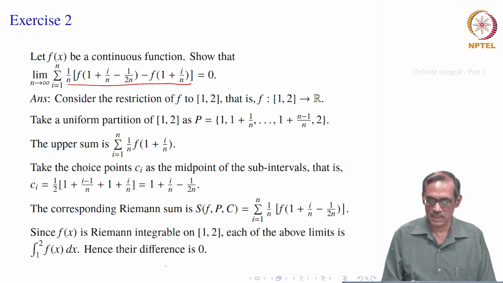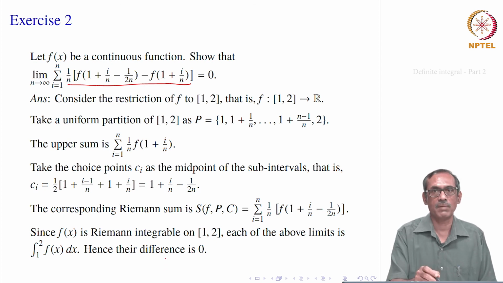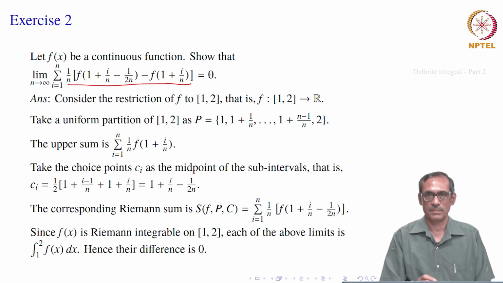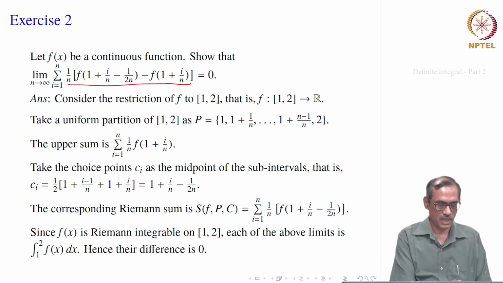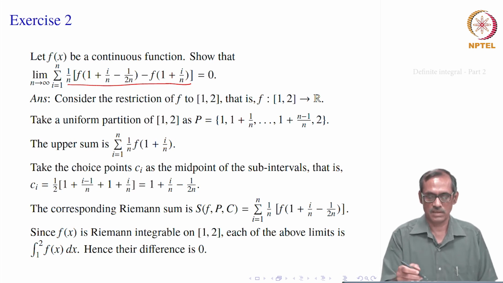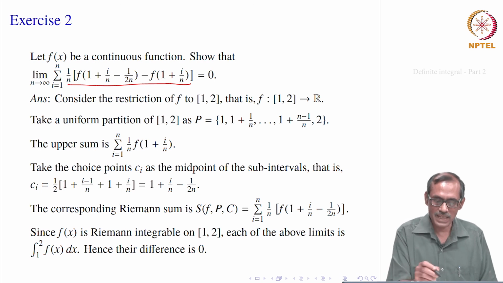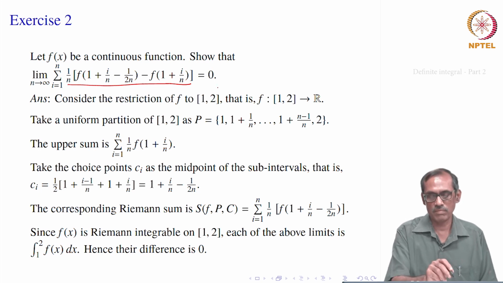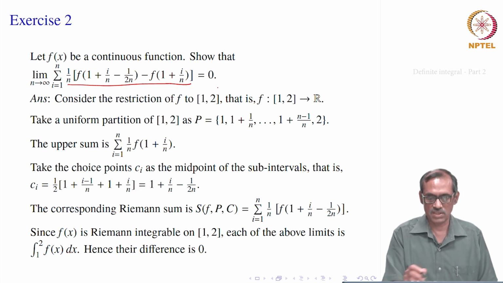Since f(x) is Riemann integrable on [1, 2], each of the above limits exists and is equal to the integral from 1 to 2 of f(x) dx. Therefore, the difference must be equal to 0, right. So, that is how we will be solving some problems, by identifying the expression in n with some Riemann sum. That is really the clever part here, and you will get acquainted with it slowly. Okay. So, let us stop here.